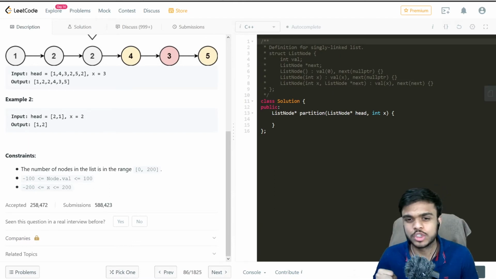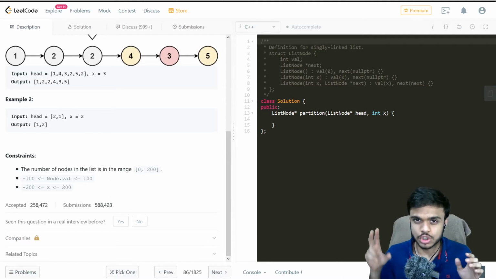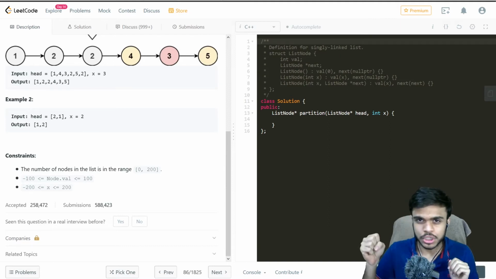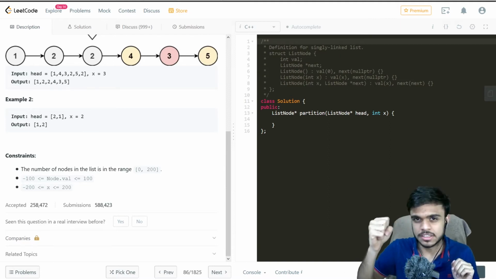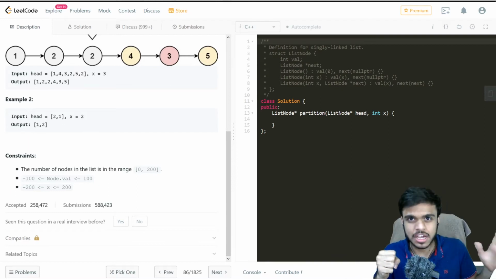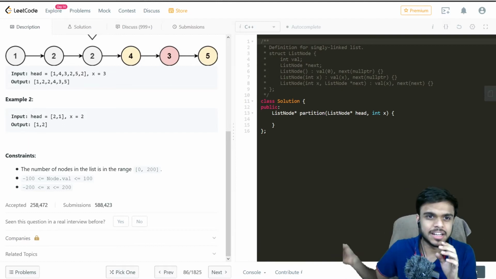One more thing that I wanted to mention here is that when I started reading this question, initially I started thinking about it in terms of the quicksort algorithm, because in quicksort we have a partition function which does a very similar thing: take a particular element, put it in its fixed position, and then all the elements to its left are smaller and all the elements to its right are greater.